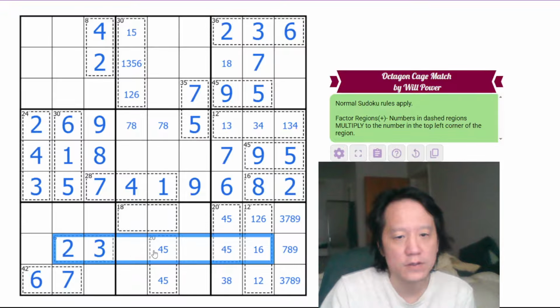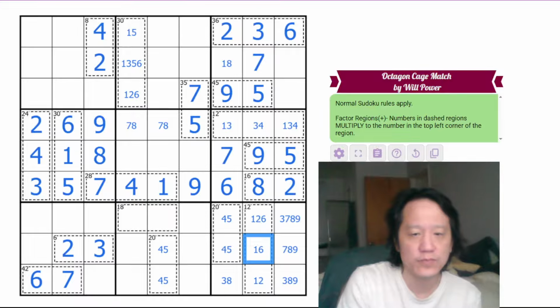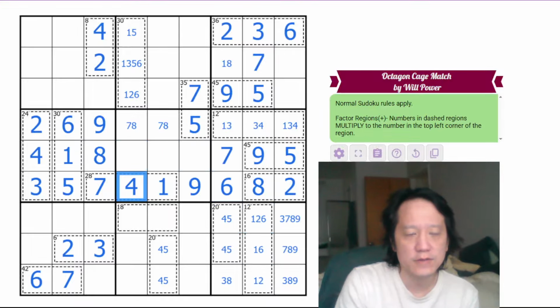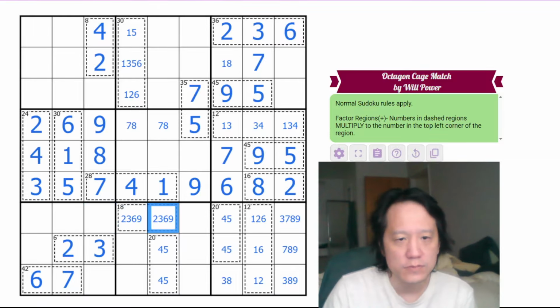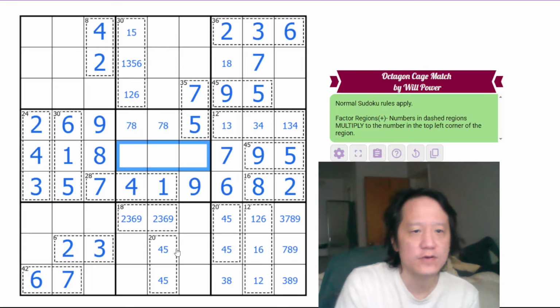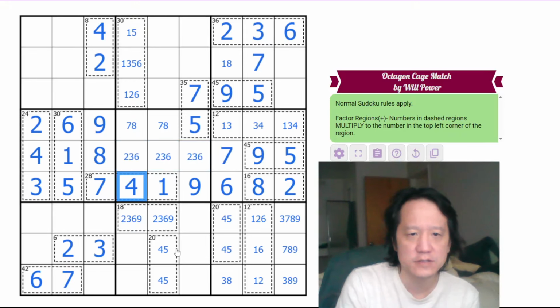Okay. This 7 eliminates 7 here. And then, again, so this is 2, 9, or 3, 6 here, multiplied together. Okay. Remaining digits in row 5, we have 2, 3, and 6.